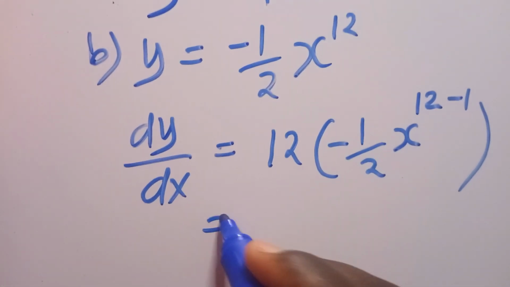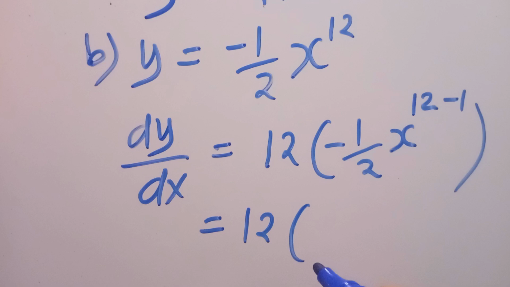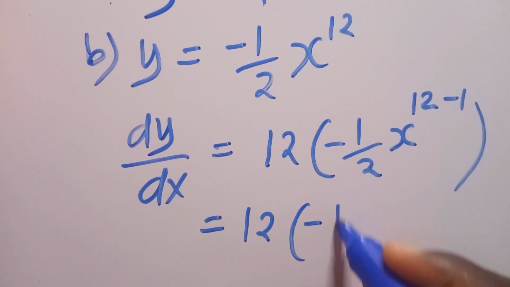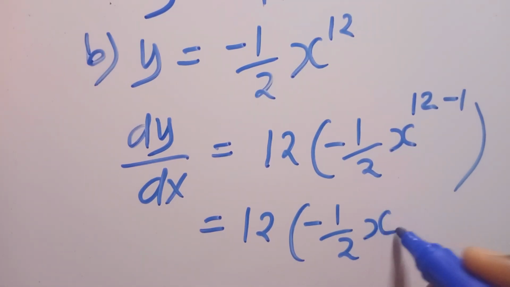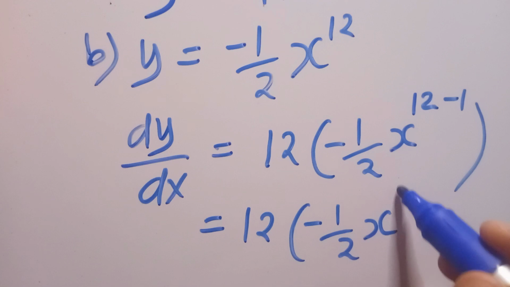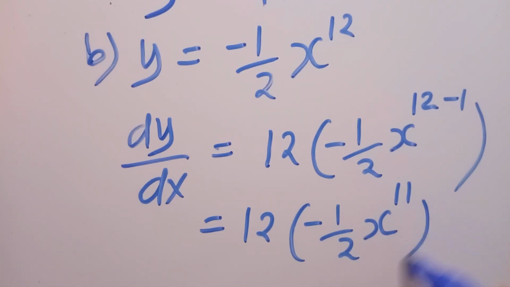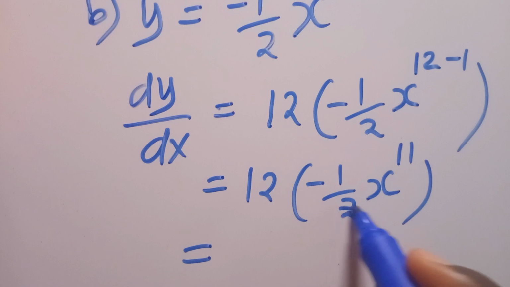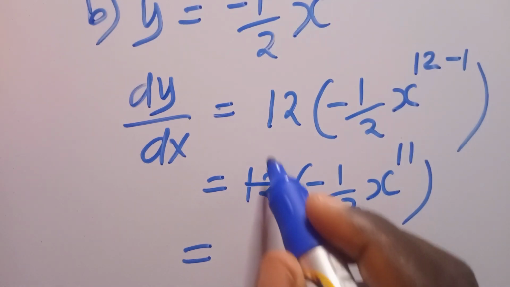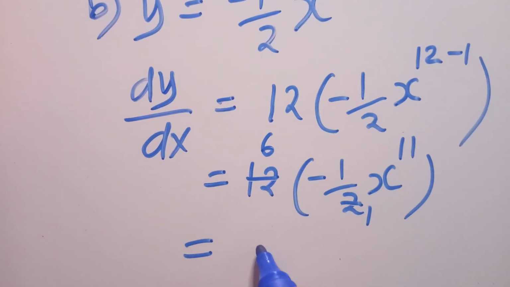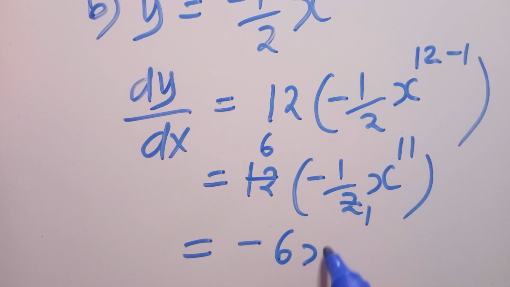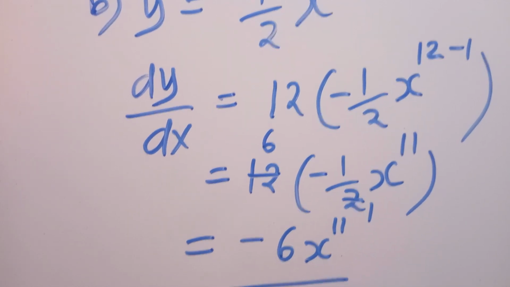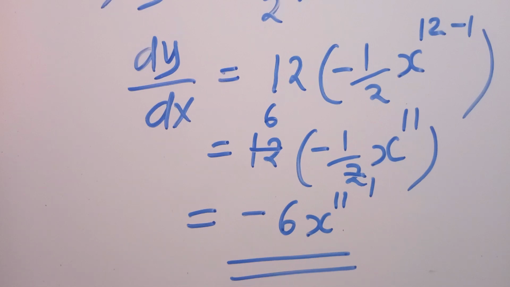So we shall have 12 into negative a half x raised to 12 minus 1, which is 11. If we open the bracket, 12 over 2 is 6. So it will be negative 6x raised to 11.